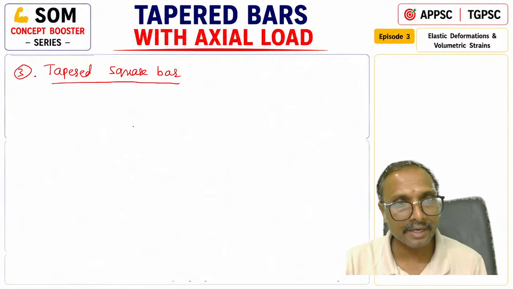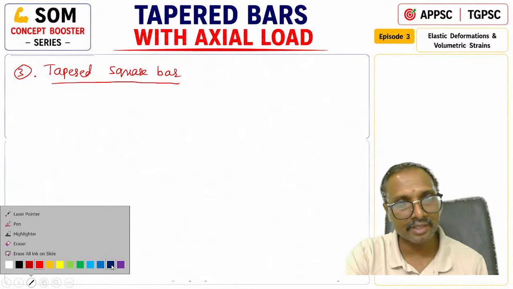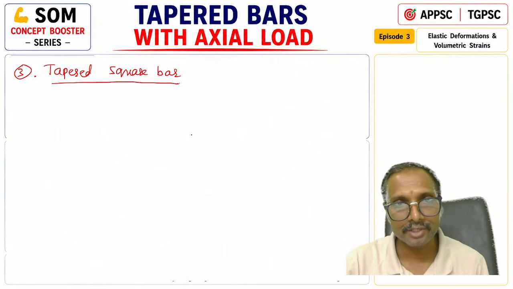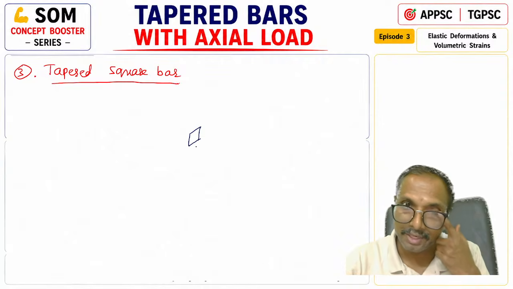Tapered square bar means a square cross section but with change in the dimension, right. Suppose you are considering this here, for this also which one will we use, b1 b2 or a b, tell me.